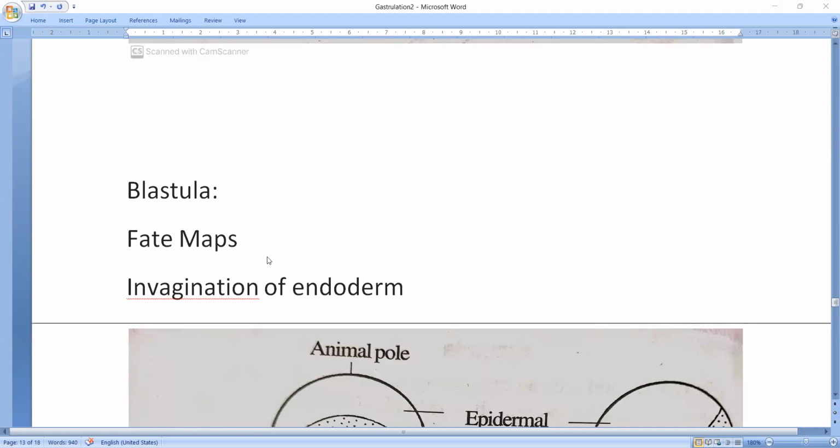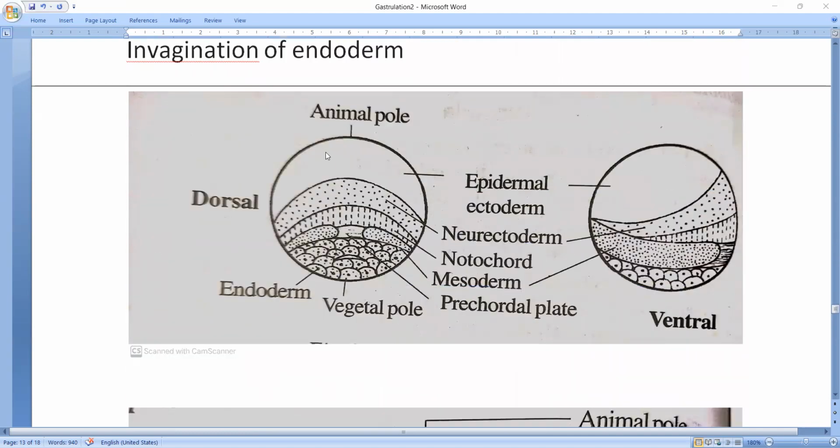Okay, so last, the fate map symbol. Yeah, so this is a fate map. Generally, it is for our convenience that we named them. So in the blastula stage, some areas are different from other areas, and they will be the future of the embryo.